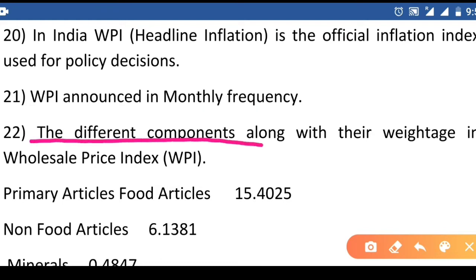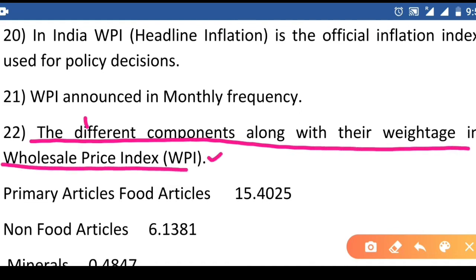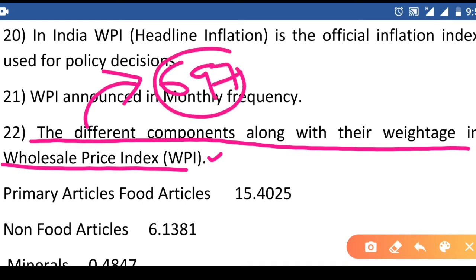Different components along with their weightage in the wholesale price index. In the wholesale price index, normally we have 697 items. Every item is very important in order to calculate the wholesale price index, so every item is given some weightage. Now we will discuss the weightage of every item.